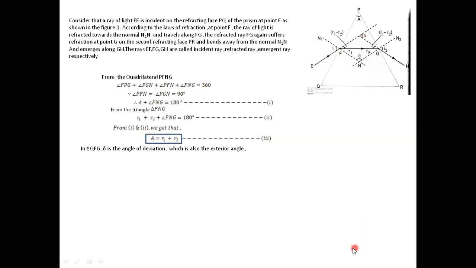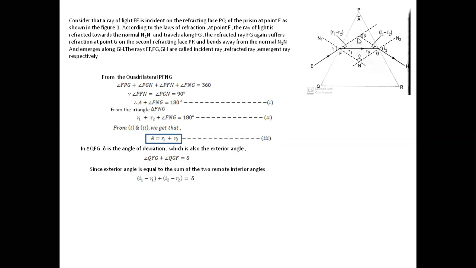Now we know the angle sum property: the sum of two interior angles is equal to the exterior angle. QFG and QGF are my two remote interior angles, and del is my exterior angle. So that is why we have written this equation.